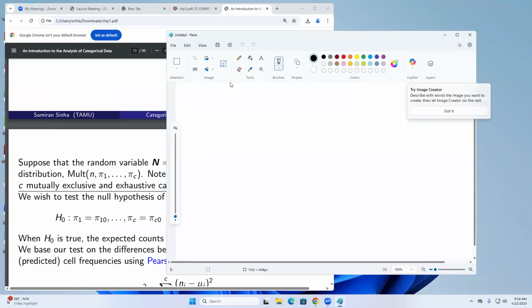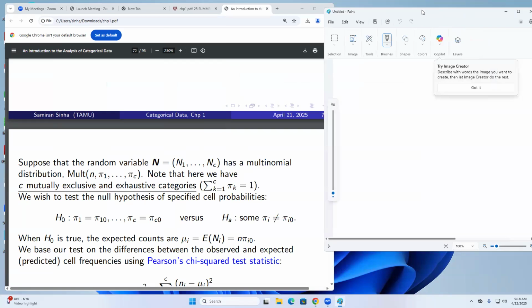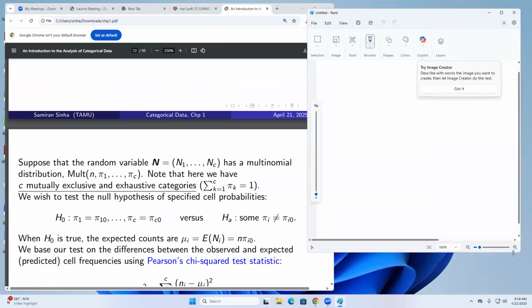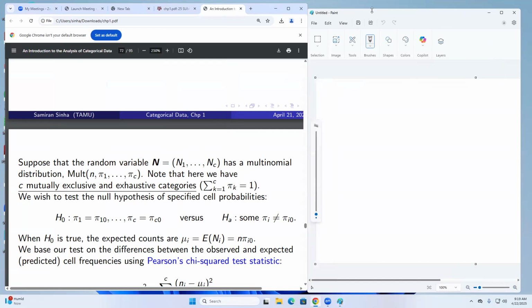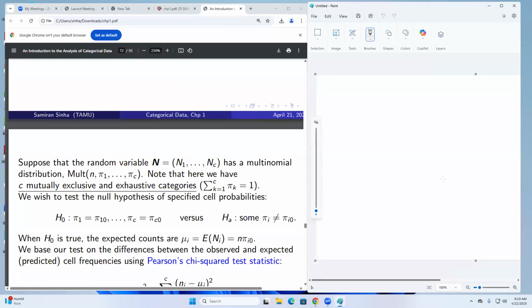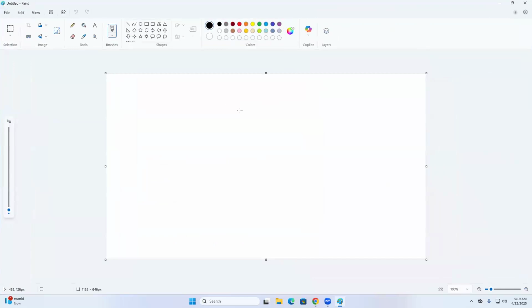I will keep it on this side, on the right side.